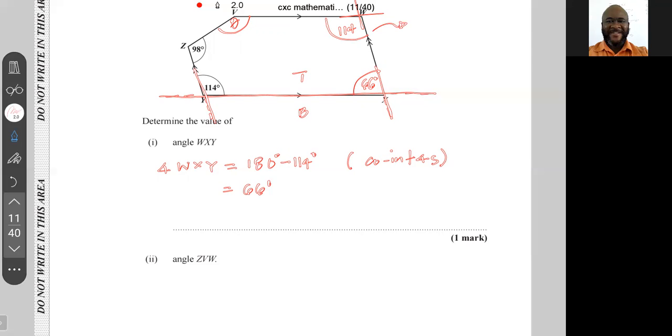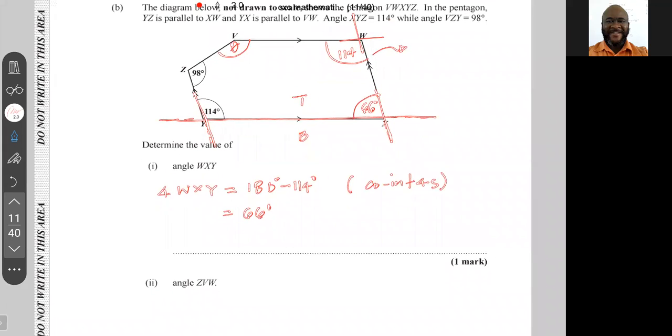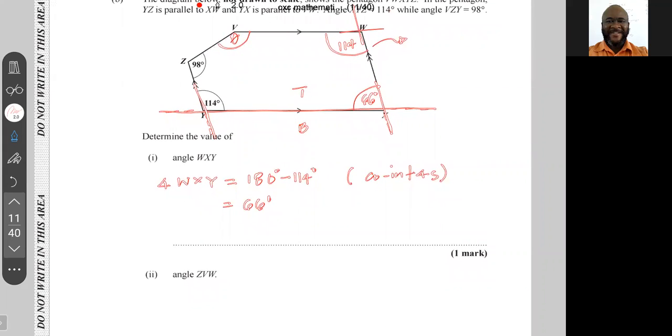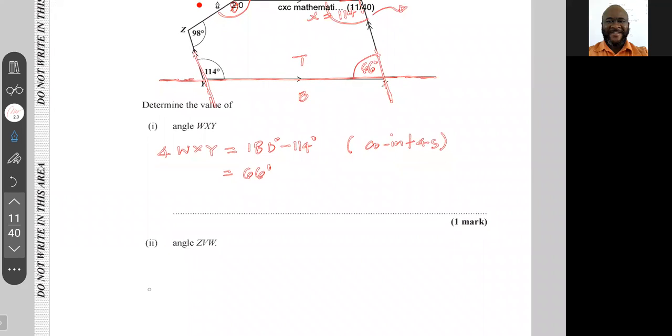So let's find the angle at W. Let's call this angle alpha, that alpha is equal to 180 minus 66. This is 114 degrees. They are co-interior angles.